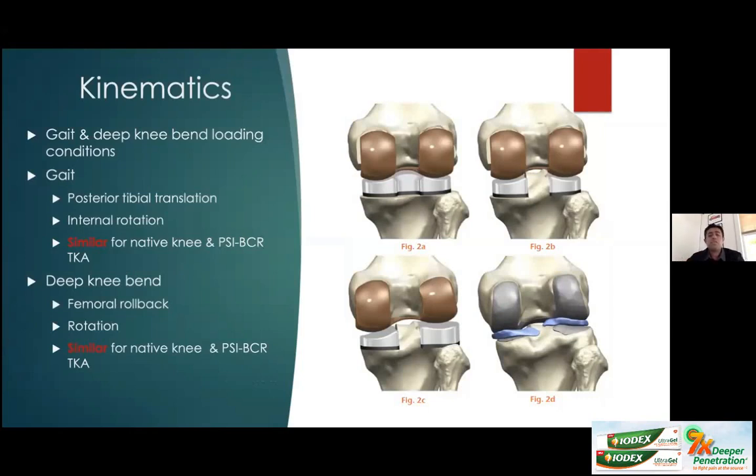Again, there seems to be similarity between the native knee and a patient-specific bicruciate retaining knee and not a standard implant. So if you're going to do a bicruciate retaining knee, now you have to invest in getting a patient-specific model made from imaging, most likely a CT scan, and then send it to the company and have customized patient-specific jigs to implant this prosthesis.